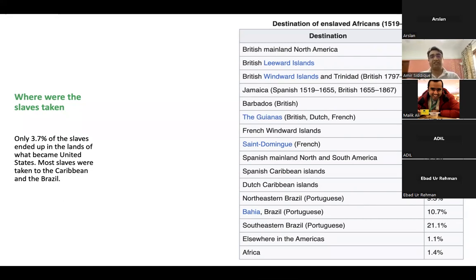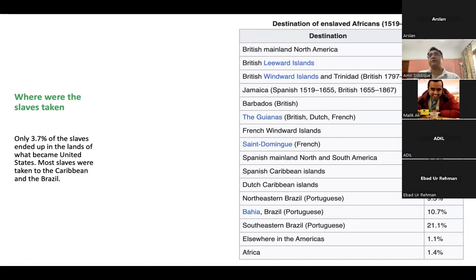One can ask, what is indenture? Indenture is actually you sign an agreement with someone that I will be your servant for X number of years, and then after these X number of years pass, I will get my freedom, right?